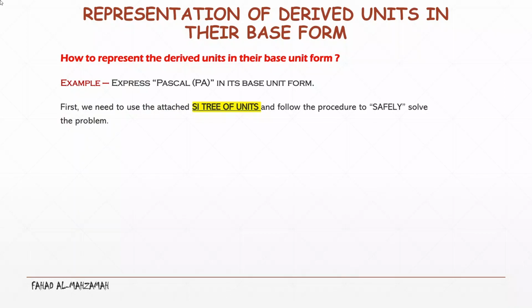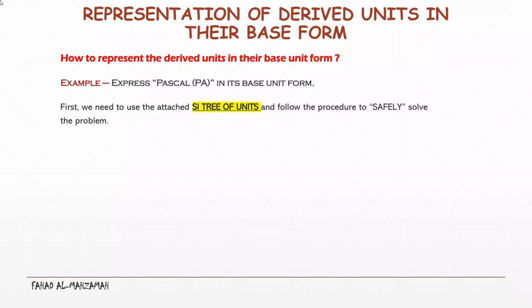First we need to use the attached SI units, which was already shown before, and follow the procedure safely. I'm repeating again and again the word safely. I already mentioned in the last lecture how to safely convert from one unit to another. You can use whatever method or technique to show the answer, and it's going to be considered a correct answer if it's right.